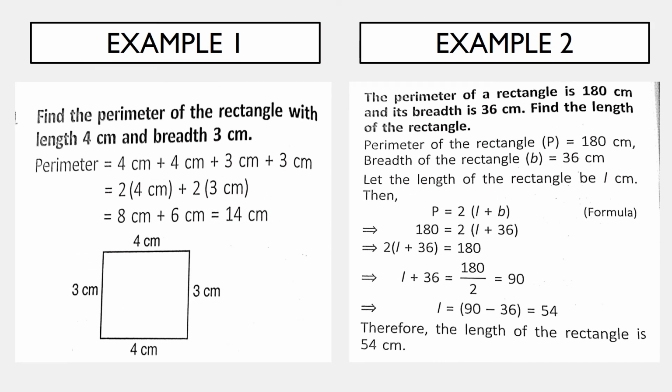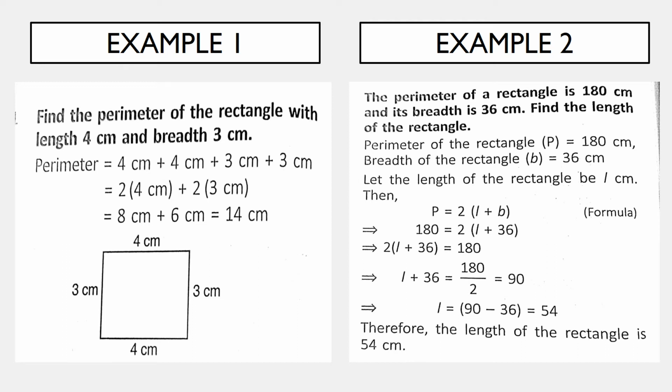Example 1. Find the perimeter of a rectangle with length 4 cm and breadth 3 cm. It's very easy. You have to just apply the formula or just add the sides. Perimeter is equal to 4 plus 4 plus 3 plus 3, that is 2 times 4 cm plus 2 times 3 cm. 4 into 2 is 8 and 3 into 2 is 6.